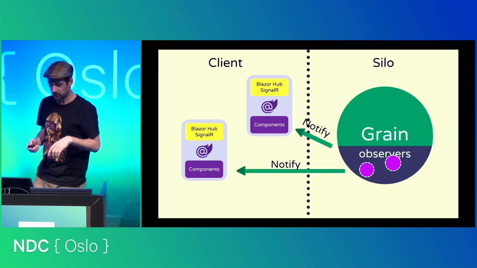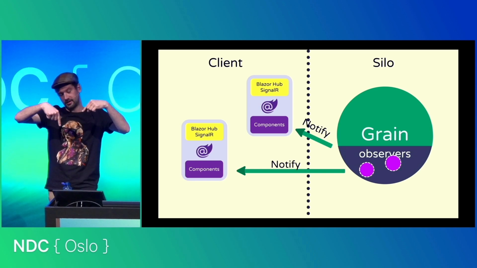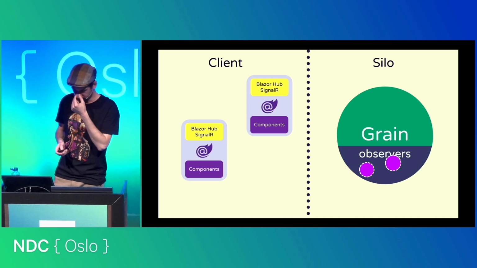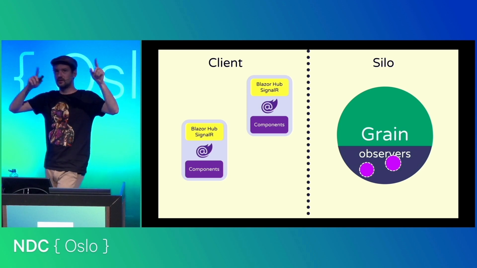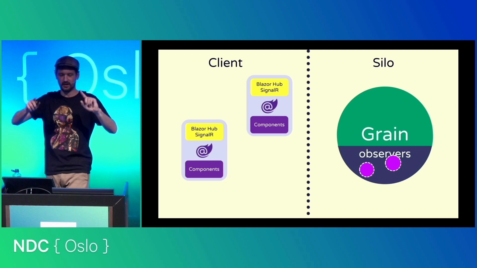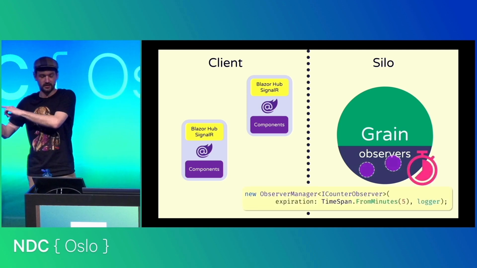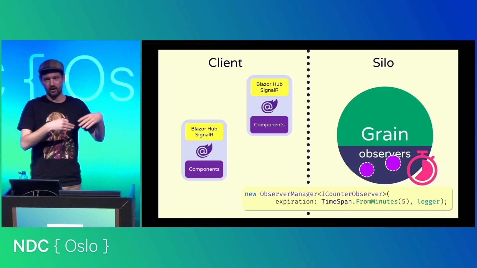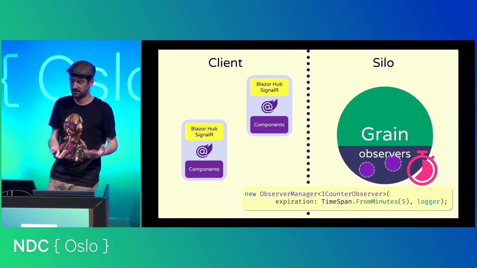Then if we want to notify, the grain can basically call methods on that reference directly. The only thing is, there is not a real live connection or checking whether that connection stays alive. So on the grain side, you've got a helper class, the observer manager, which cleans up all these references after a desired amount of time, for example, 5 minutes.